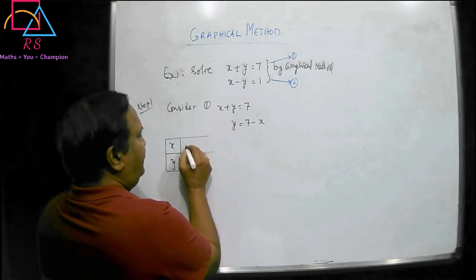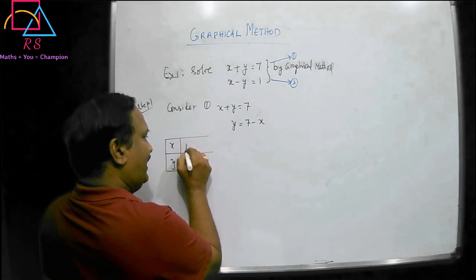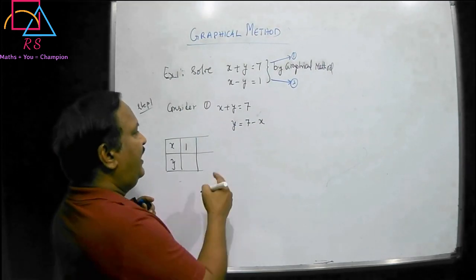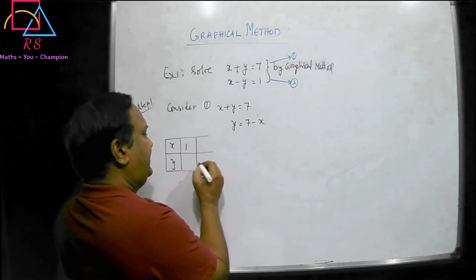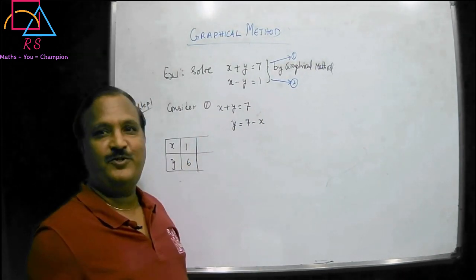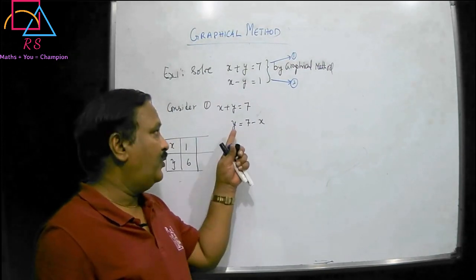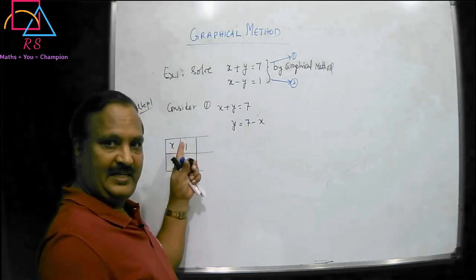So give x some value, let us say 1. Then what happened? You put this 1 here, 7 minus 1, 6, y is equal to 6. That is why I have written y is equal to 7 minus x. You may be asking me a question, sir, can you write x here? Better always y, because we give values to x.